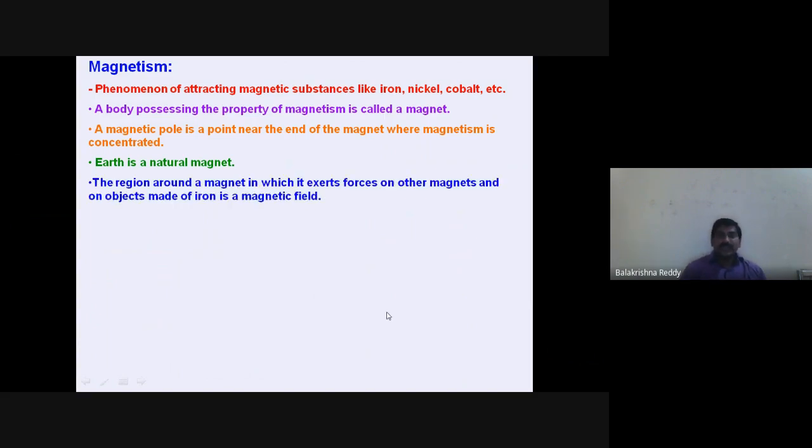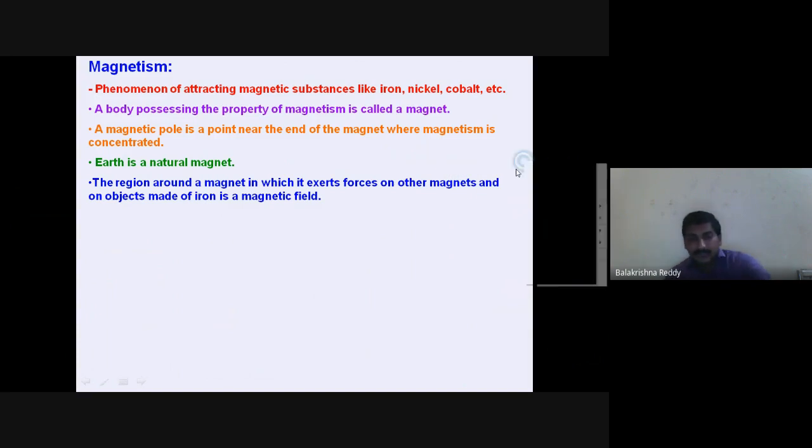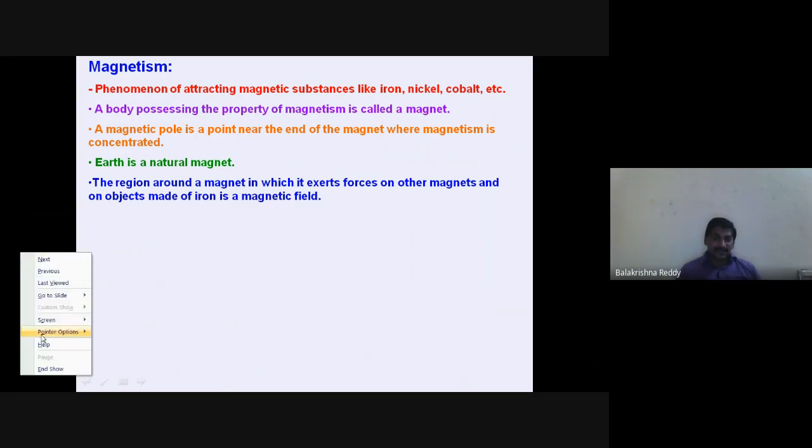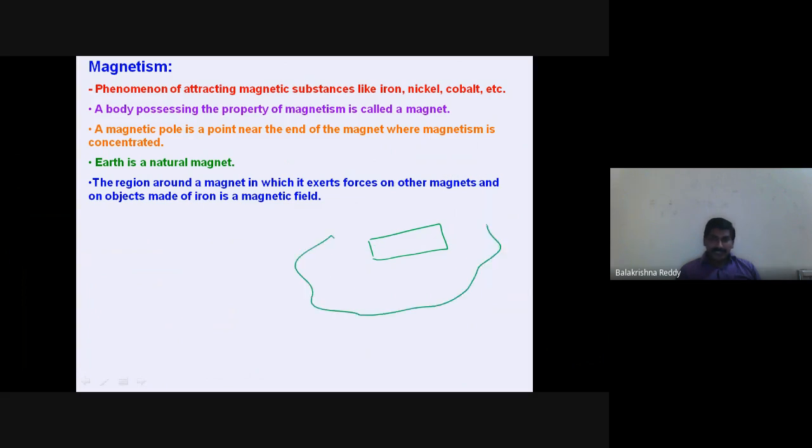The region around it which exerts force on other magnets or on other objects we call the magnetic field. What is a magnetic field? Let me tell you here, if this is a magnet and you place any material around this area, automatically it gets attracted, since the magnet exerts force.